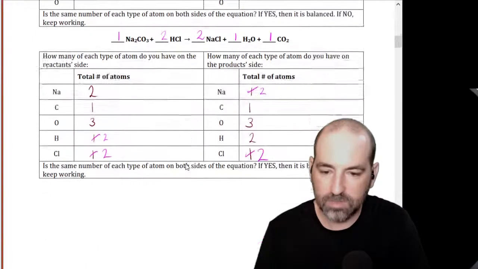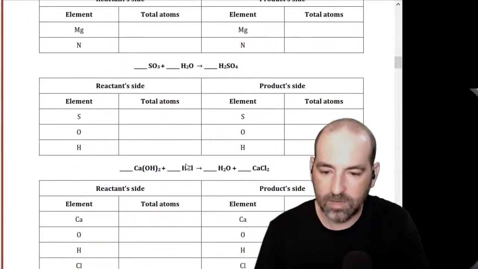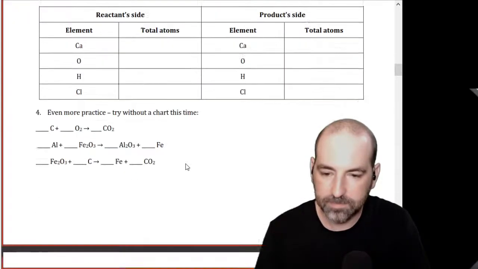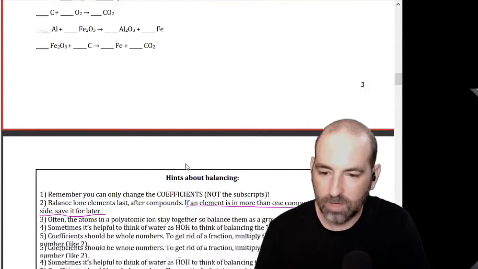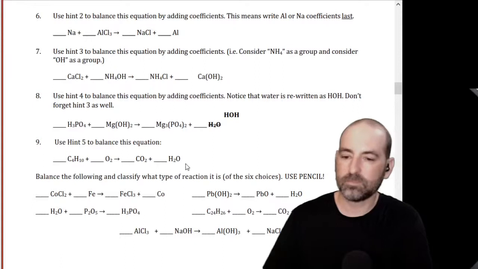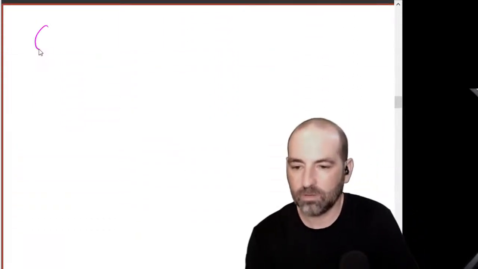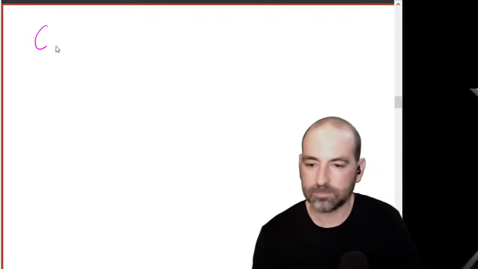Well, we did, but it was already balanced, so we didn't have to worry about it. But let's look at one of those examples if we could. I'm not sure there's one actually here. Here's one. I'm going to rewrite it here.